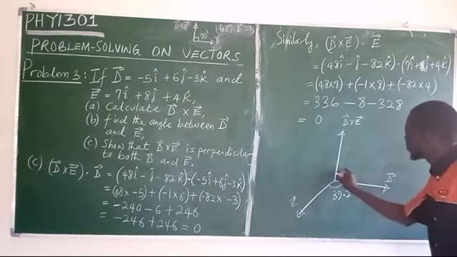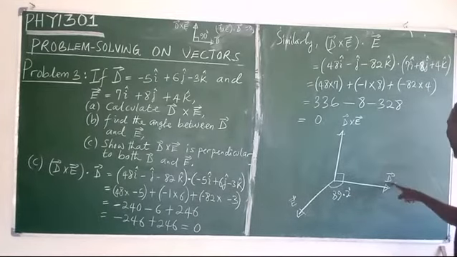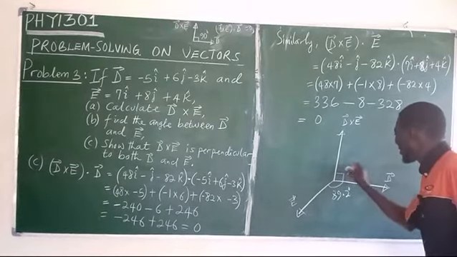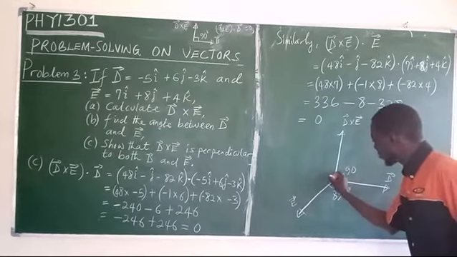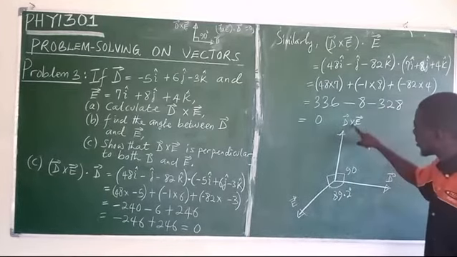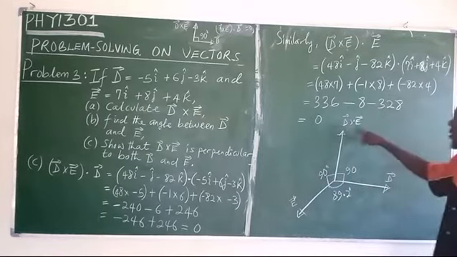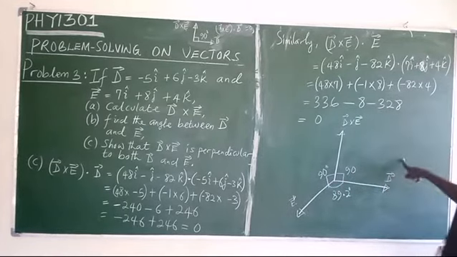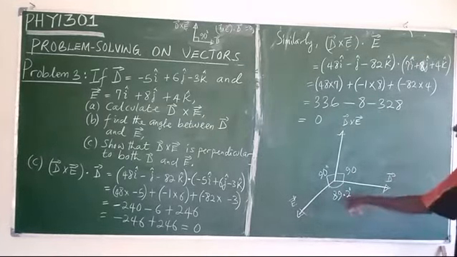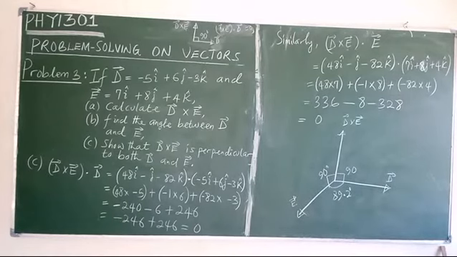The angle between D cross E and D is 90 degrees, perpendicular, and the angle between D cross E and E is also 90 degrees. D cross E is perpendicular to the two, and the two make angle 89.2 degrees.